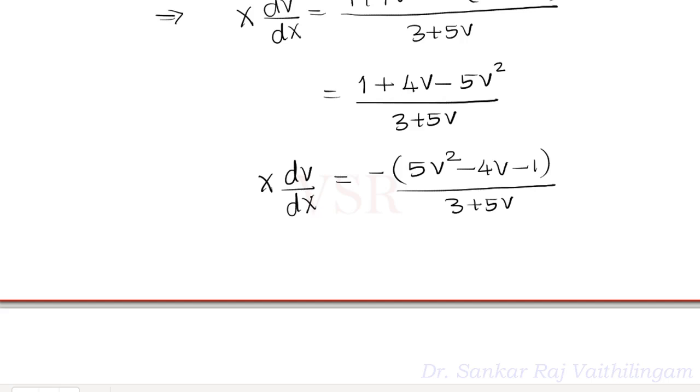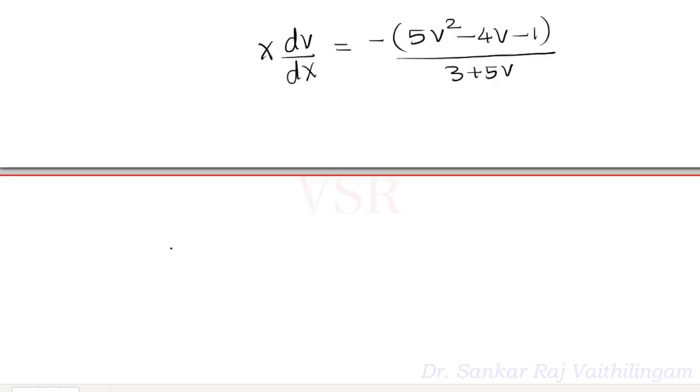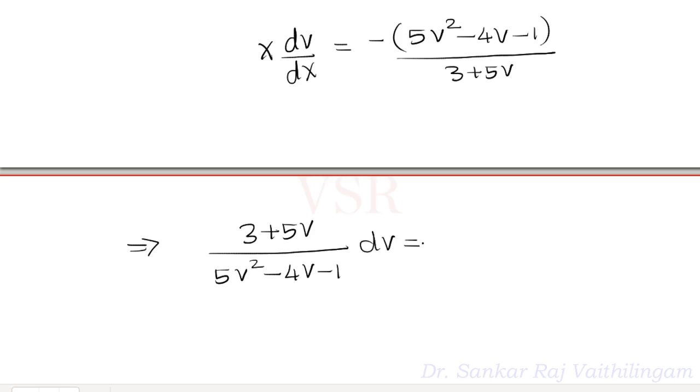Now we can split, so this implies that 3 plus 5 times v divided by 5v square minus 4v minus 1, into dv, is equal to minus dx by x.